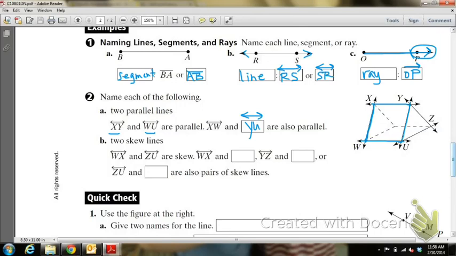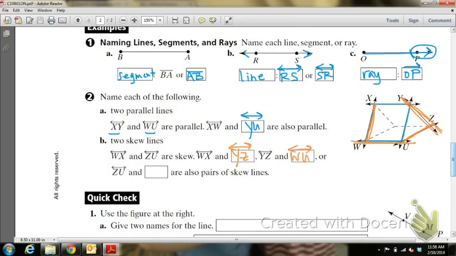WX and ZU are skew. Okay, they go in different directions and they're never going to touch. WX is also skew with YZ. And YZ is also skew with WU.